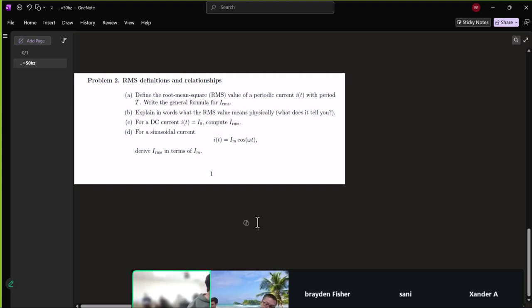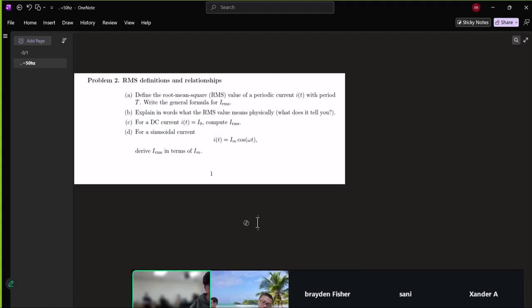Okay, so something does not have to be periodic for it to have a root mean square, but it'd be difficult to calculate, I guess, without it being periodic. Now, if it's a sinusoid, you know how to get the RMS value. The RMS value is the maximum value divided by the square root of 2. But just because it's periodic does not mean that that's going to be what it is.